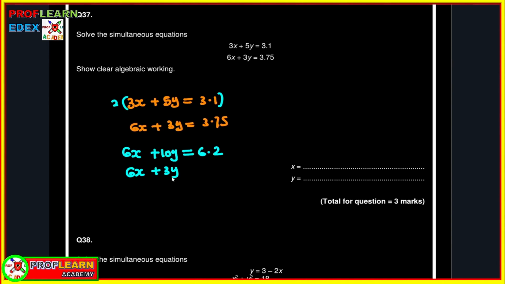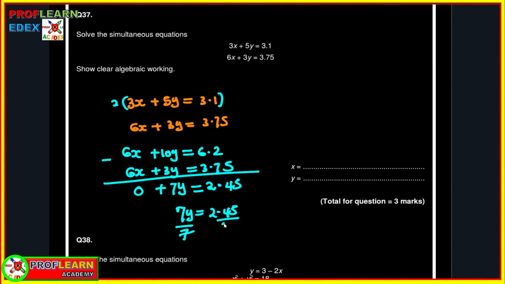Solve the simultaneous equation. Of course, we need to use the elimination method at this point, and we can try to make the coefficients of one of the two equations the same, and this is going to be 6x plus 3y equals 3.75. Then we subtract the two equations in order to solve. Then we divide by 7 both sides.